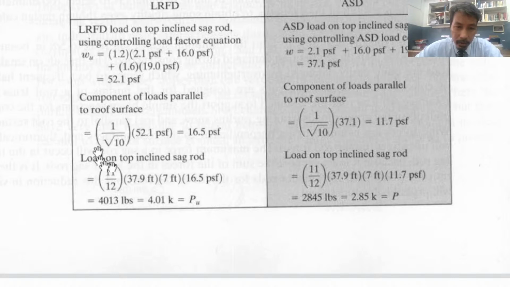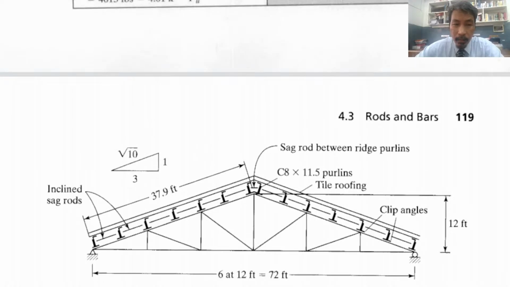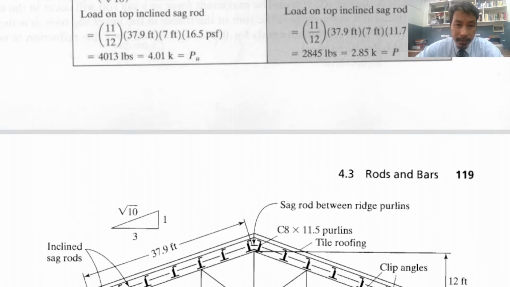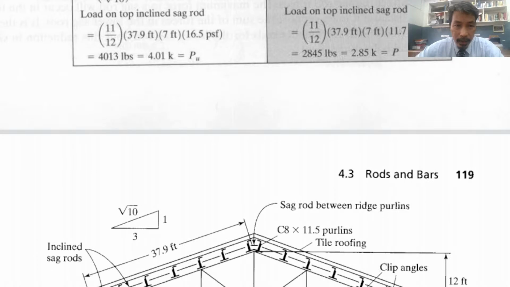You just have to multiply by the slope, as you can see in the picture. 1 over square root of 10, that is equal to sine, while the load of the sagrad is 11 over 12.